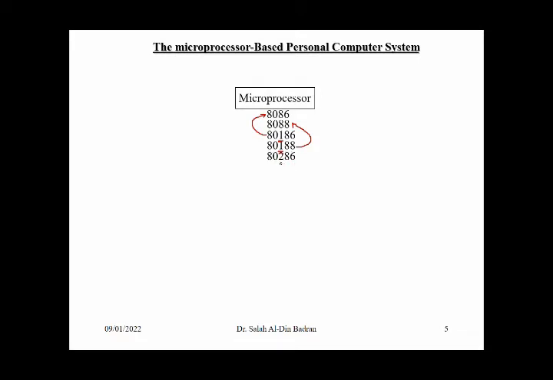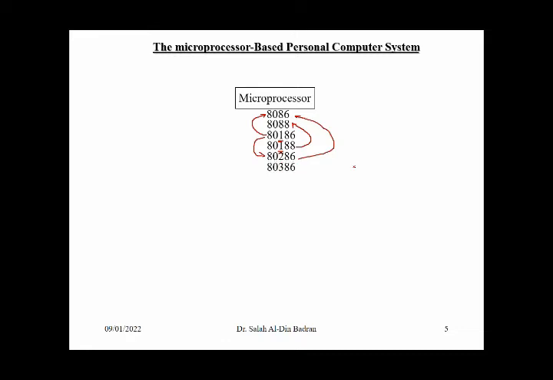80286, with two in the middle. The same thing: this is the same technology as this one, with advanced technology. This is why we have one in the middle here and two in the middle here.